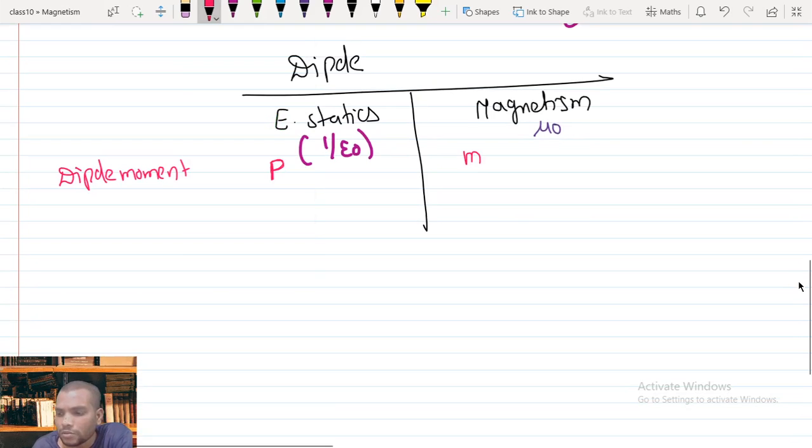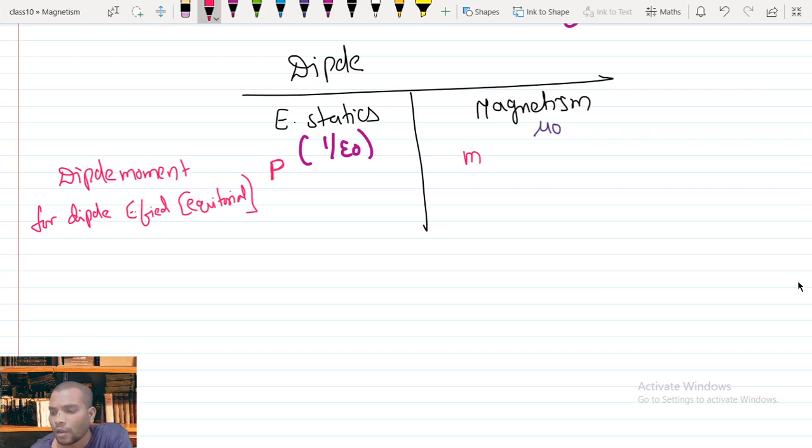Now when it comes to the equatorial electric field for a short dipole, along the equatorial we can write that as minus P upon 4 pi epsilon naught r cube.